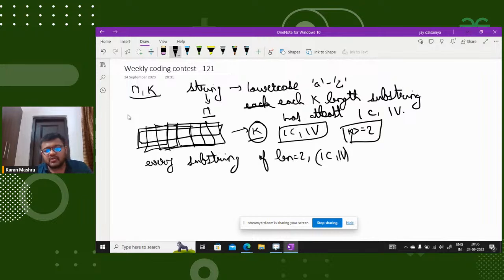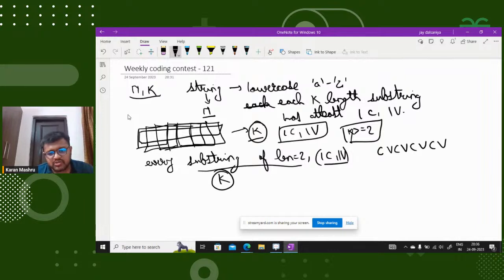So my string will have one consonant, one vowel, one consonant, one vowel, and so on. If every substring of length 2 has one consonant and one vowel, then every substring of length k will definitely have one consonant and one vowel, because k is greater than or equal to 2. If all the two-length substrings have one consonant and one vowel, then all the k-length substrings will definitely have them too, right?